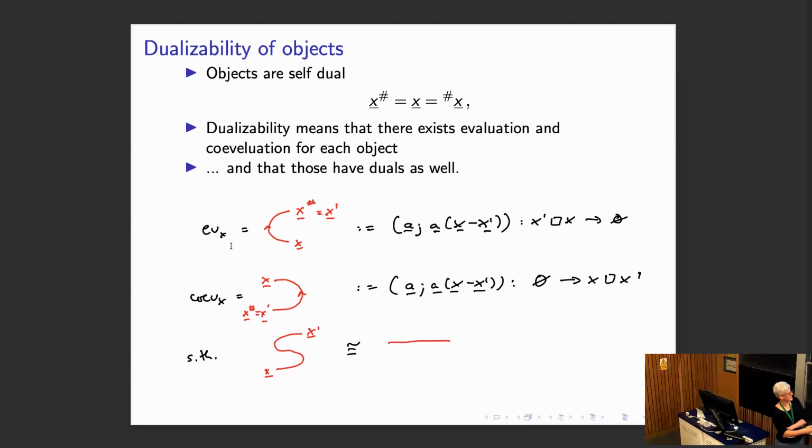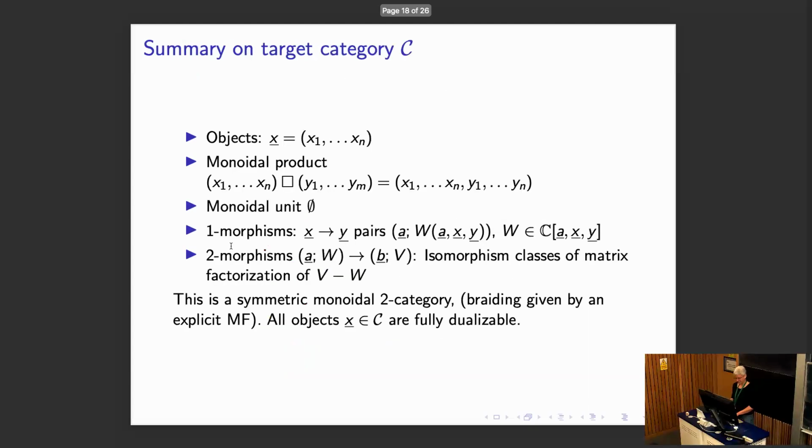And then this glued together thing is isomorphic to this line, and you have seen a picture of this isomorphism as a two-dimensional surface, and this now is a two-morphism, and it corresponds in this category to an explicit matrix factorization of the superpotential plus that minus that one. So one can give this explicitly, which I won't do.